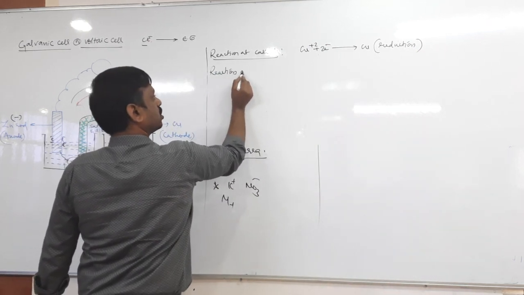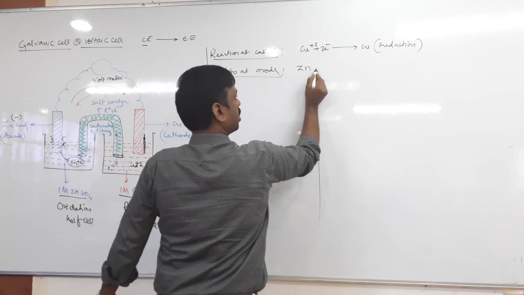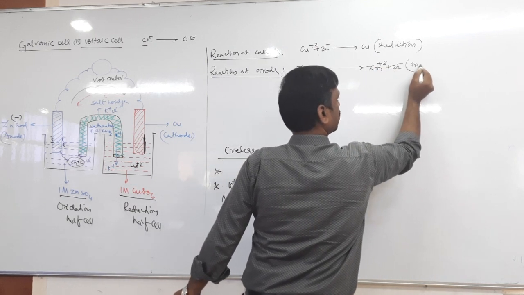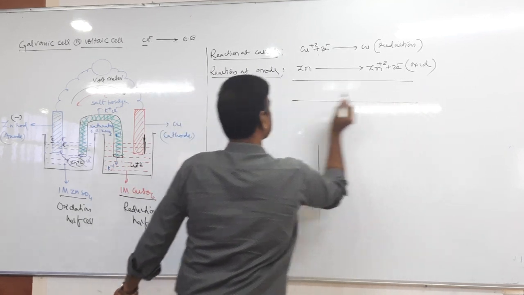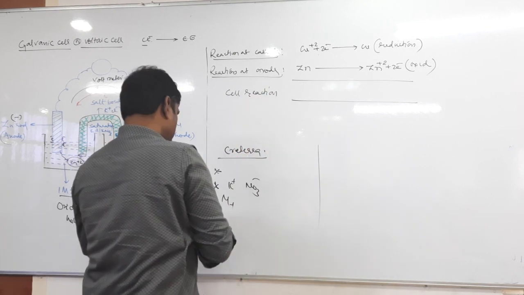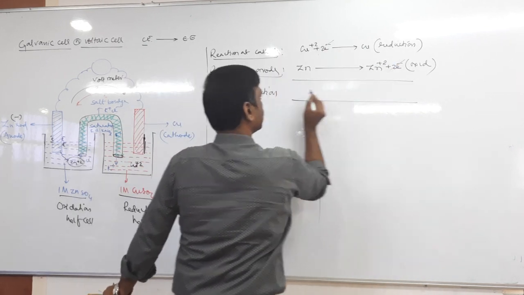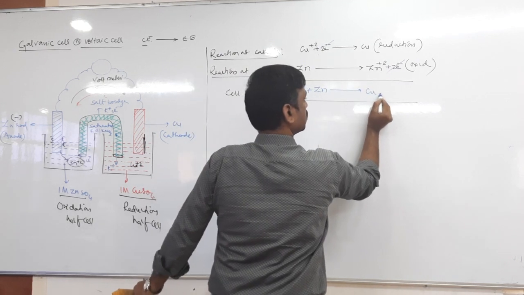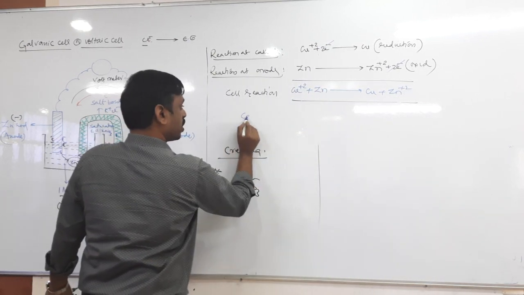Next, reaction at anode. Zn gives rise to Zn2+ plus 2 electrons. It is oxidation. What is the cell reaction? The cell reaction is nothing but the overall reaction. The 2 electrons cancel: Cu2+ plus Zn gives Cu plus Zn2+. That is the cell reaction.